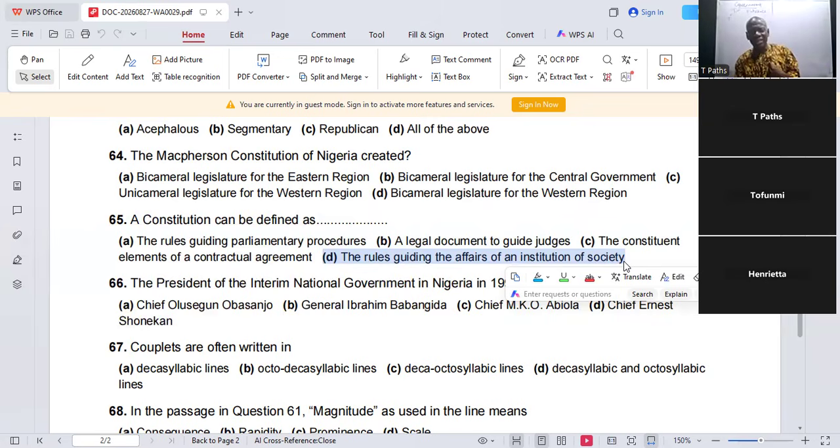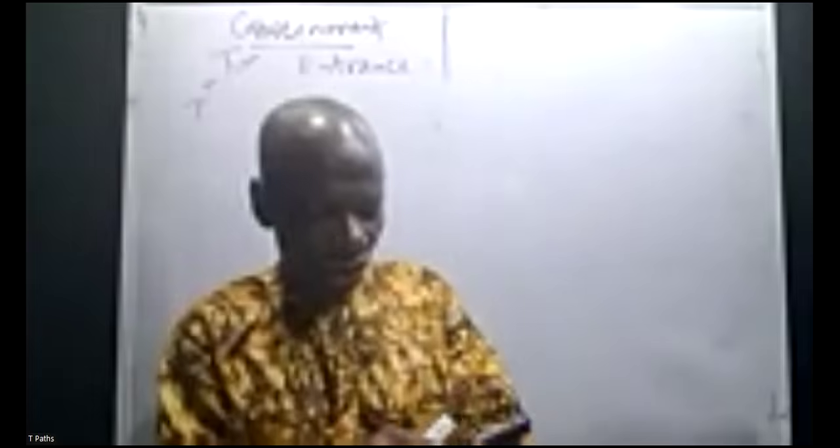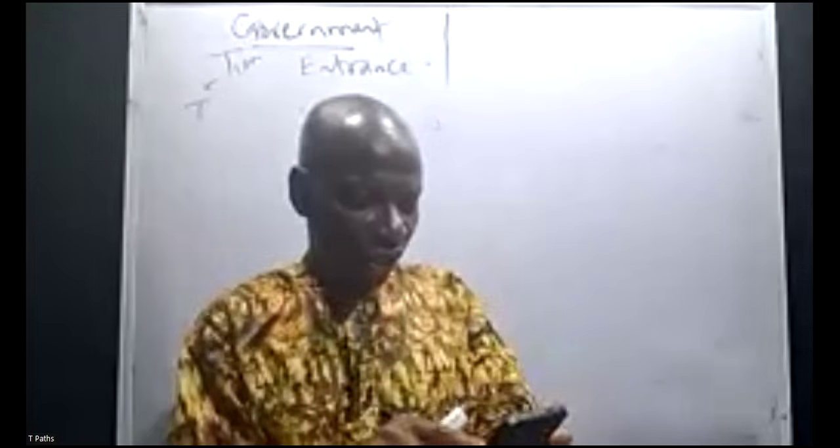Animalistic instinct. When we draw up a constitution, it will serve as a source of peace and orderliness in the country. If there's no constitution, there's going to be chaos, violation of fundamental human rights. So take note, the answer is D, the rules guiding the affairs of an institution of society. We'll move on to the next question.